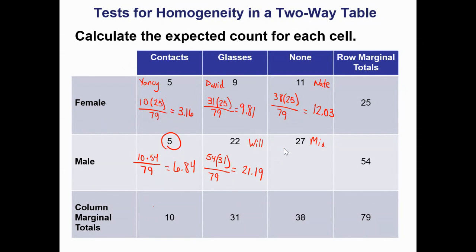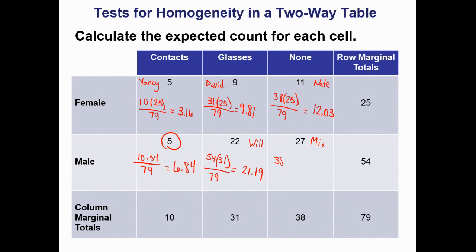That's right. And how did you calculate it? $38 times 54 divided by 79.